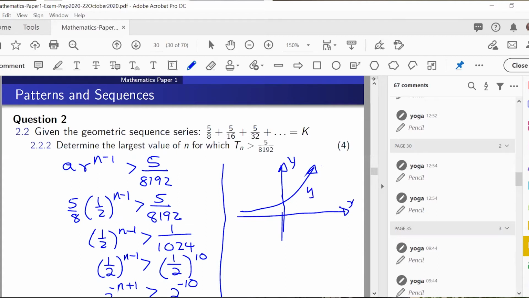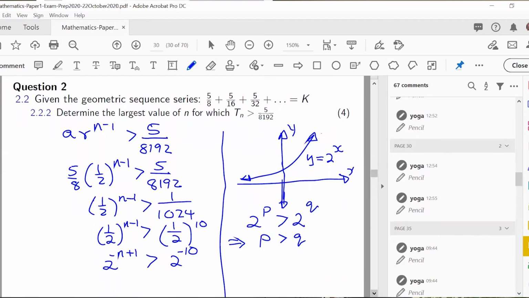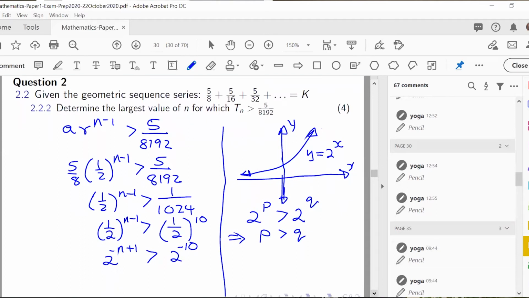So this is the graph of y equals 2 to the power x. If we say in this graph that 2 to the power p is greater than 2 to the power q, it implies that p is bigger than q. And the reason is that this graph is one-to-one and it is increasing. So that is the conclusion that we can immediately draw.